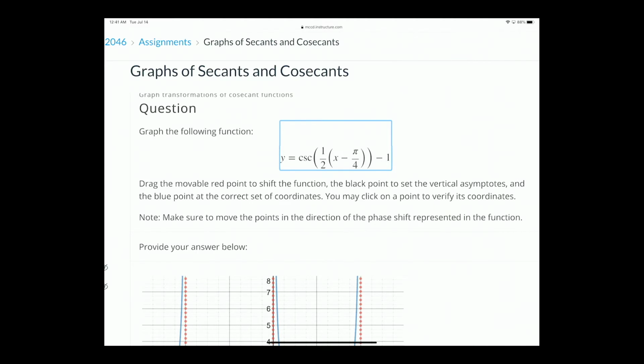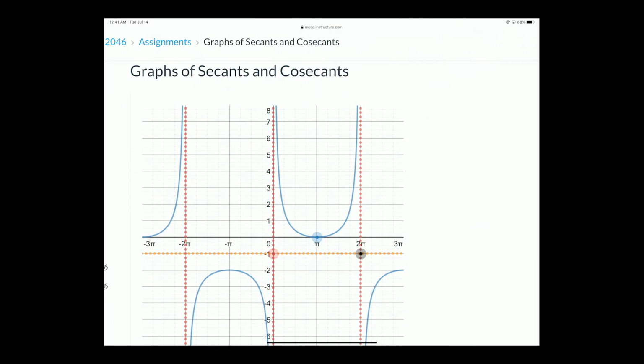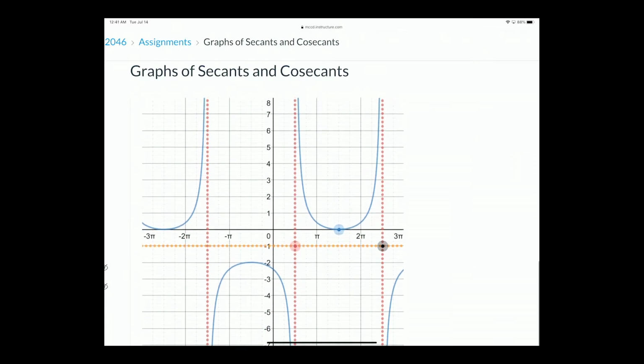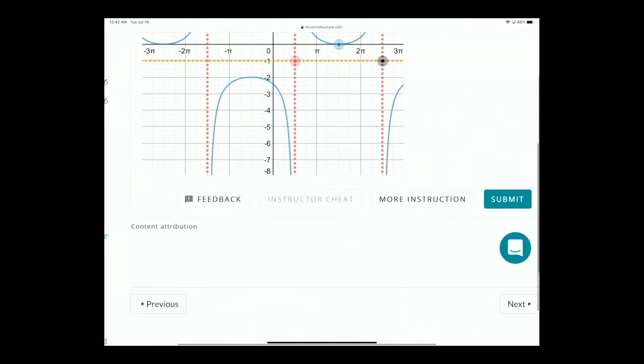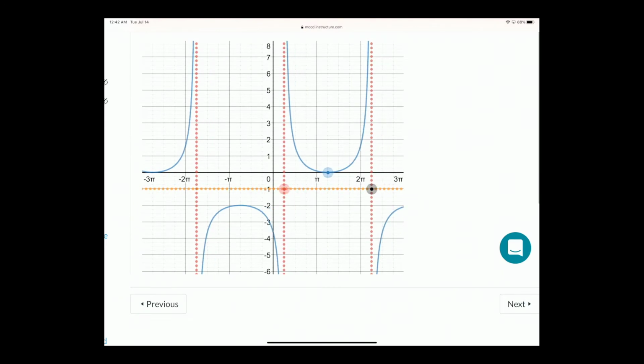If you calculate the phase shift, I think it would be pi over 4 over 1/2, which would be pi over 2. So I think it should be moved to the right by pi over 2. It's either pi over 2 or pi over 4. I'm going to try this. So I moved it over pi over 2. Hopefully that's right. If not, I'll think about the phase shift a little bit harder. Oops. It must have been pi over 4.